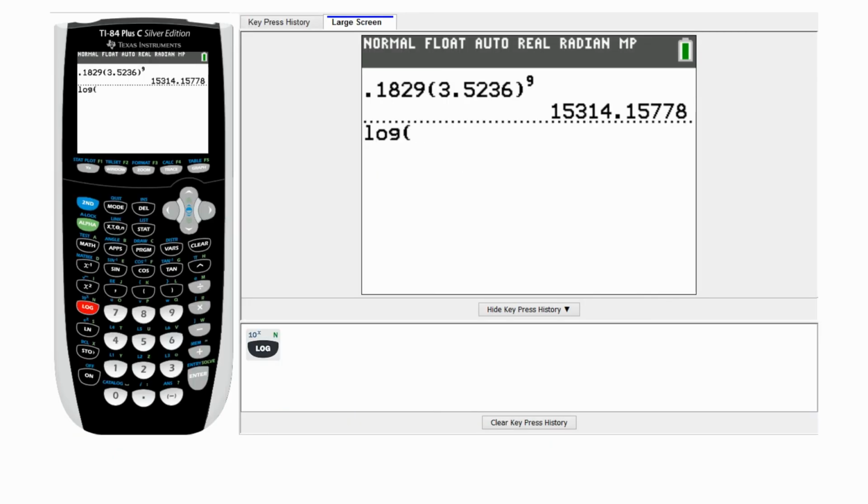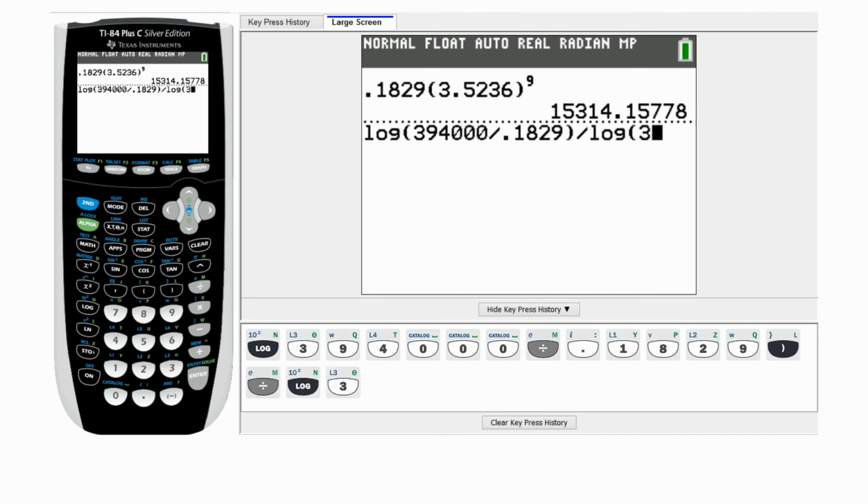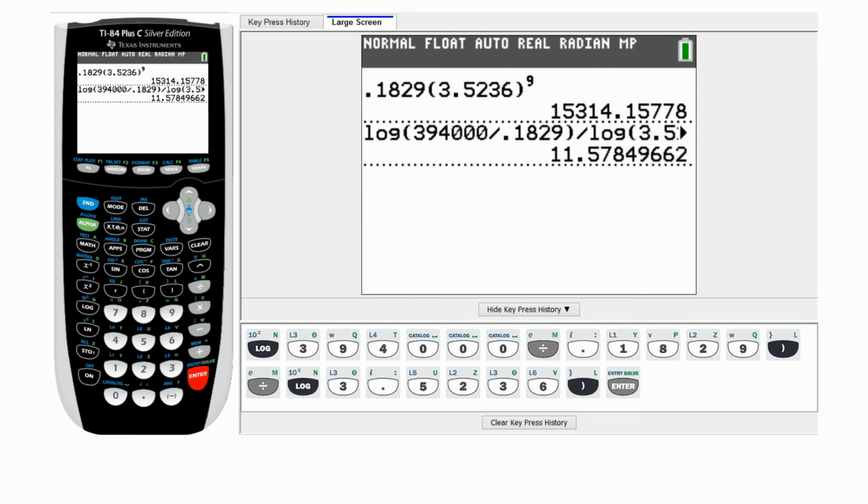So we start with log 394,000 divided by 0.1829, close parenthesis, divide, log again, 3.5236, close parenthesis, enter, and we get 11.578496662.